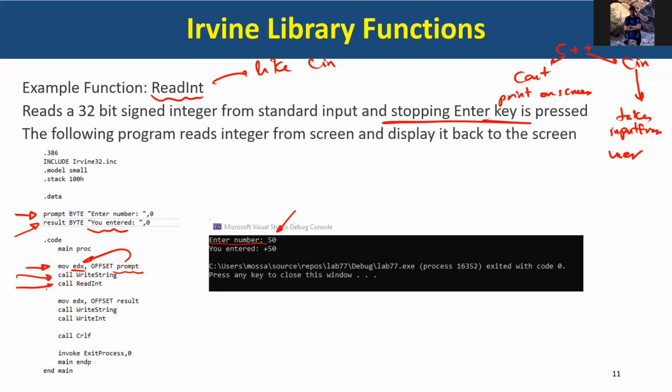Then we call readint. Now the user should enter something, and the computer will wait for us. The user, for example, enters 50 here. Then we show the you entered message. We move the first location address of the result string into EDX again, and we call write string.